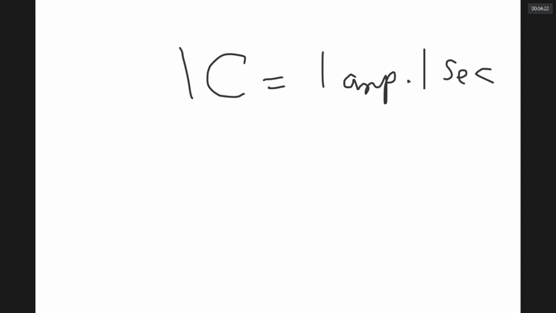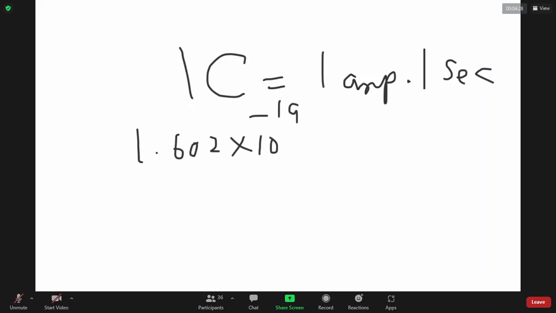Do you know the charge of an electron is 1.602 into 10 to the power minus 19 coulombs? In 1 coulomb, how many electrons are there?